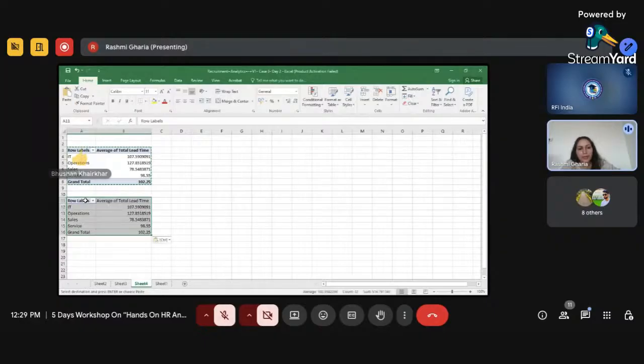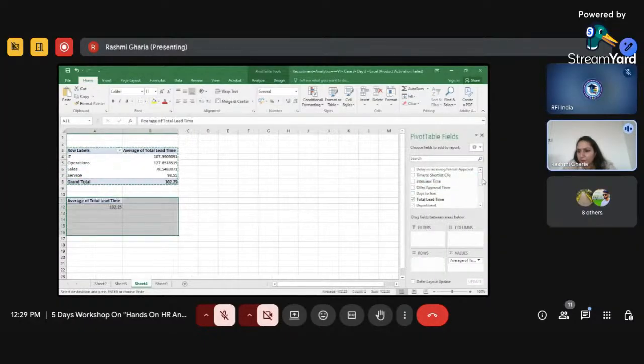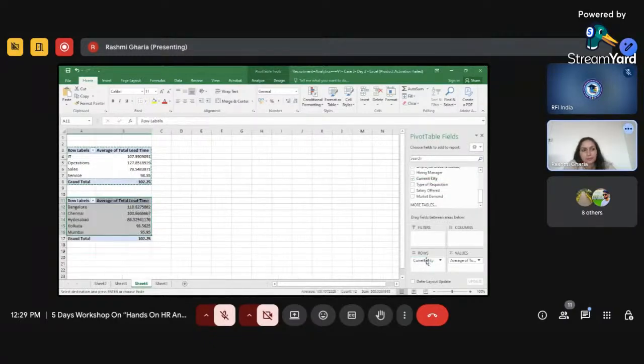The second variable can be, I'm taking one or two more variables and then we will move on. Current city. If you see the lead time here, in Hyderabad the lead time is very less. But for Bangalore and Chennai, the lead time is high. Right? So there can be a reason behind it. You need to identify that.